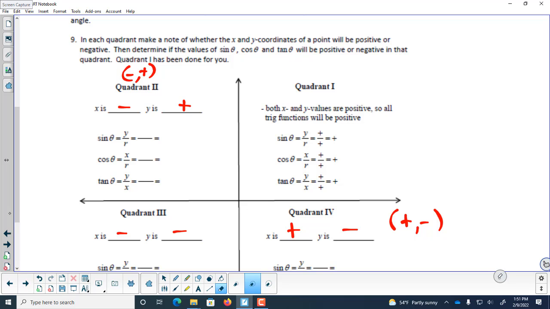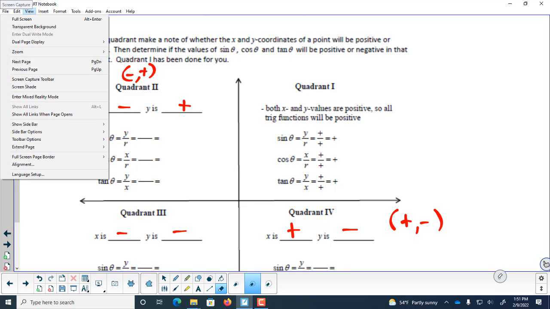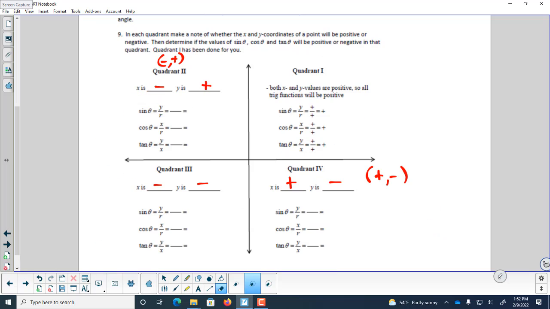Because those are based on the x coordinate and the y coordinate of the point on the terminal side. So you've got to get a way of figuring out, if I have an angle that terminates in quadrant 3 and I want to know its secant, is that value going to be positive or negative? Or its sine, is that value going to be positive or negative in quadrant 2? And we need a quick way of doing it.